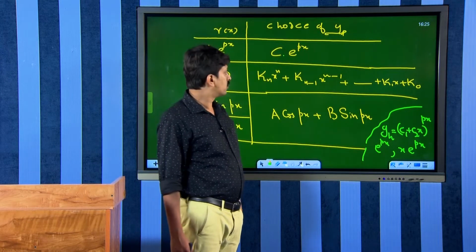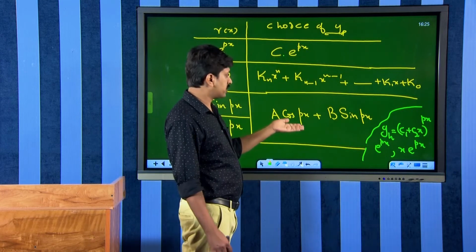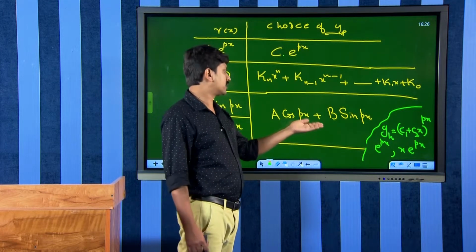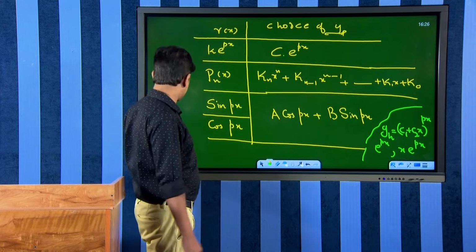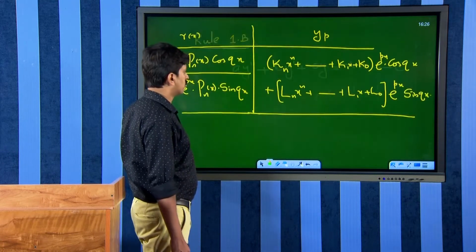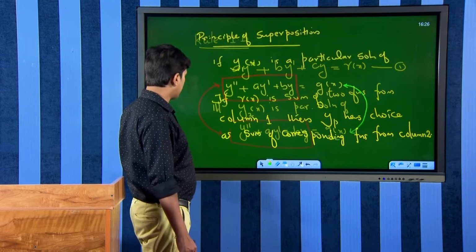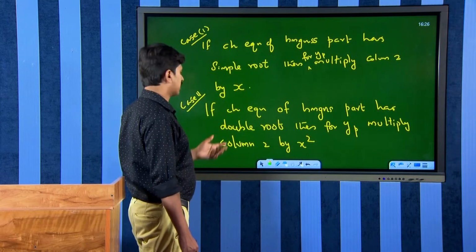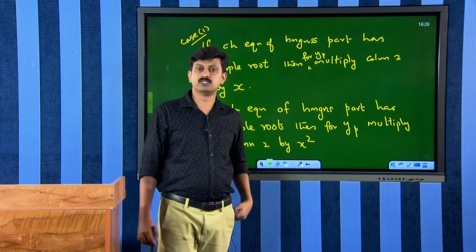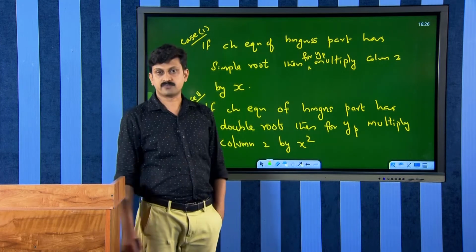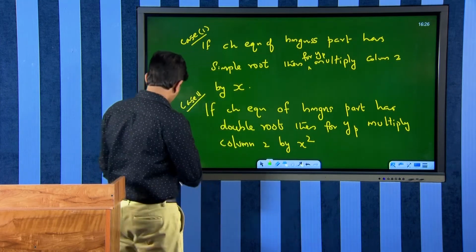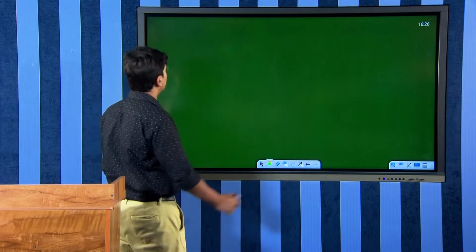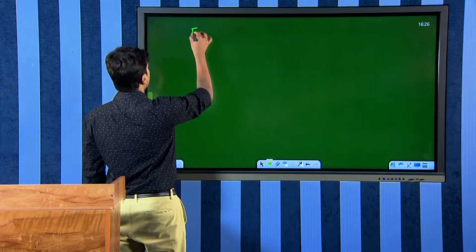Otherwise, sometimes there may be a rare chance, if there exists a choice, that we will also consider, but actually we can consider that very rarely. So in that case we just multiply with x square. To understand this, we can demonstrate with an example.